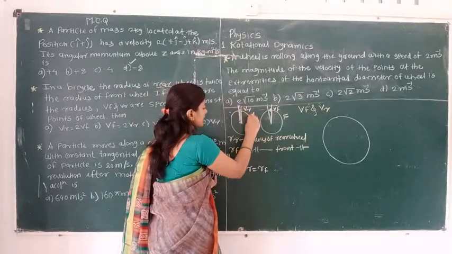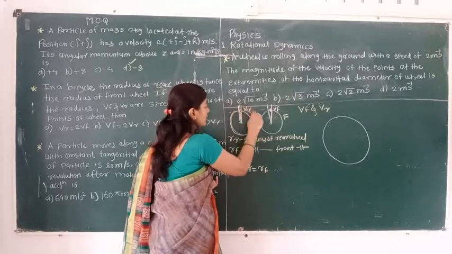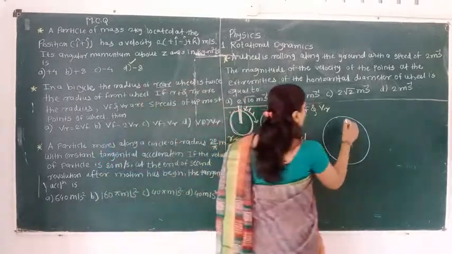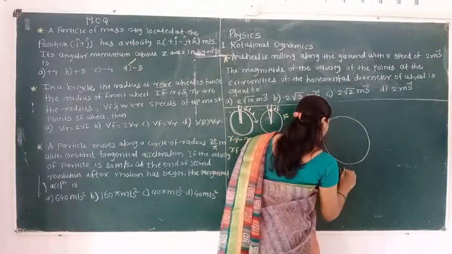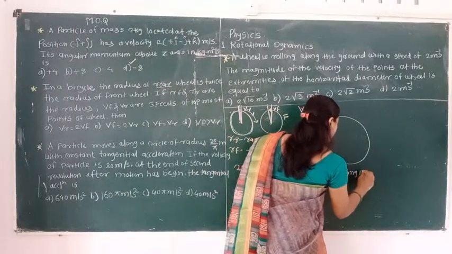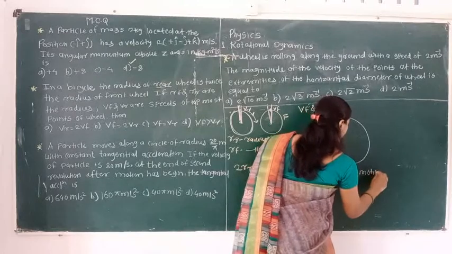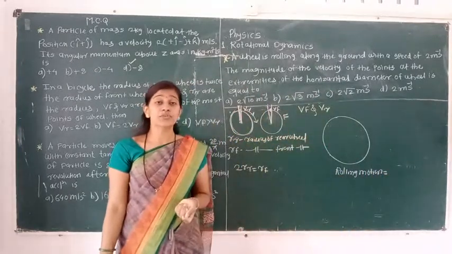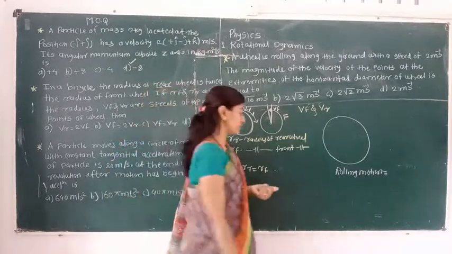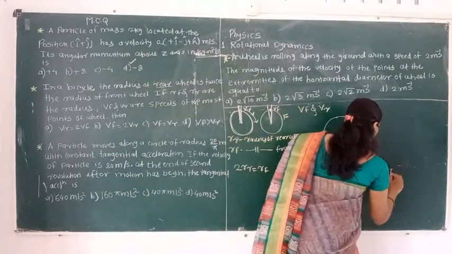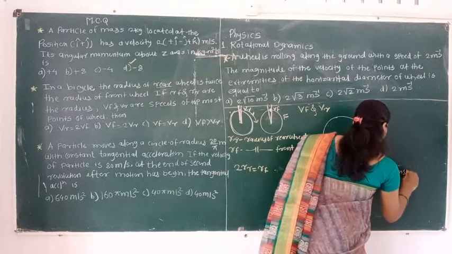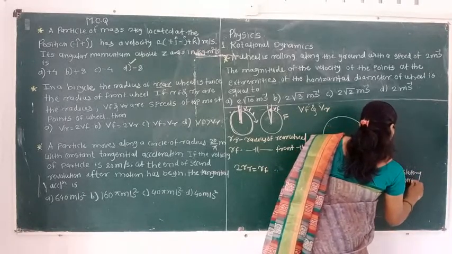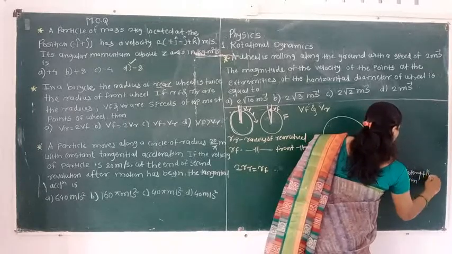Around that axis, the wheel is going to rotate, which means it is also performing rotational motion. We know rolling motion is a combination of translatory motion plus rotatory motion.